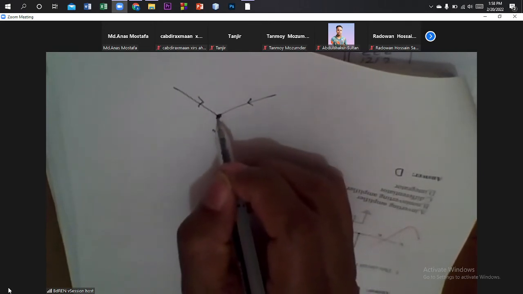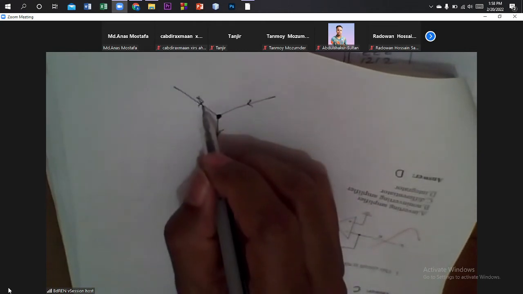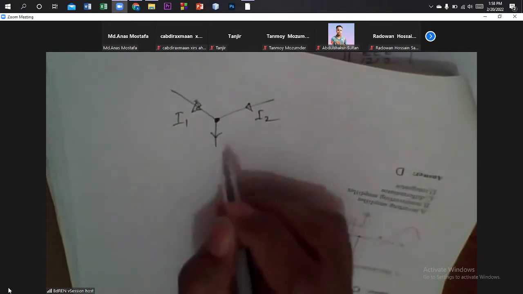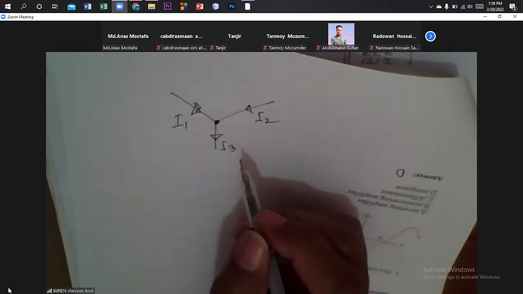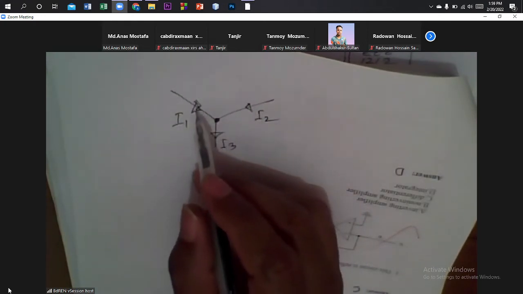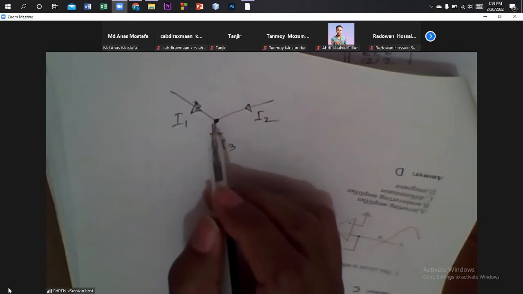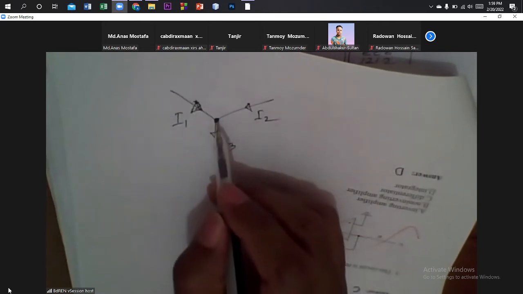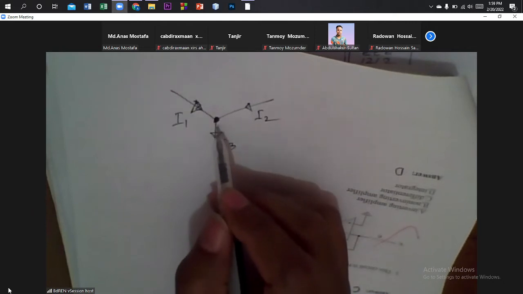This is a junction, okay? Here the current is I1, this current is I2, this current is I3. Clear? The current coming to the junction is equal to the current going out from the junction.